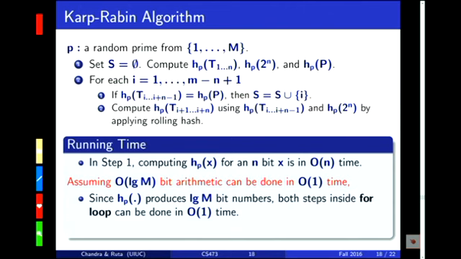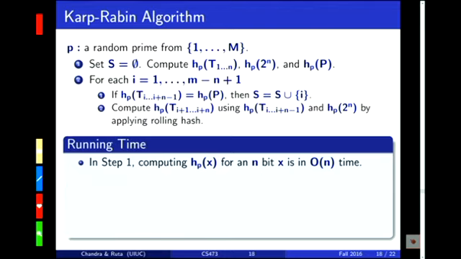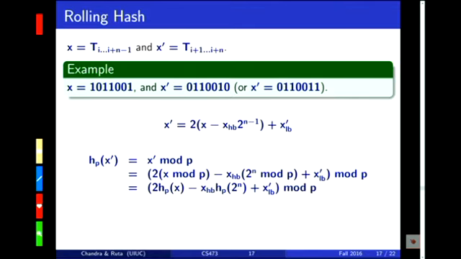So I have a super big computer whose each register can store log m bits. So I can do this log m bit arithmetic, addition, multiplication, subtraction, division, in order 1 time. Then can I compute this in order 1 time?